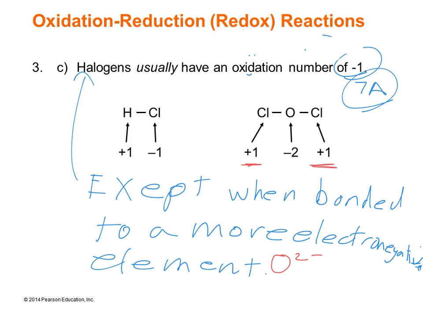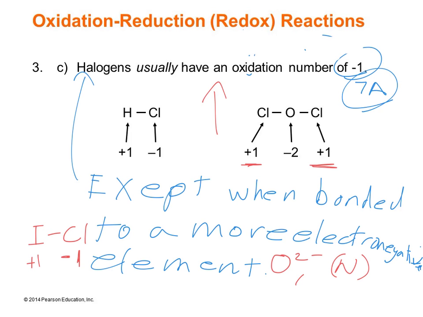Or another halogen. Sometimes nitrogen as well there. If a halogen is bonded to a more electronegative halogen, for example, iodine and chlorine, chlorine's more electronegative because it's higher up. So chlorine gets to be the -1, which will force iodine to be a +1.